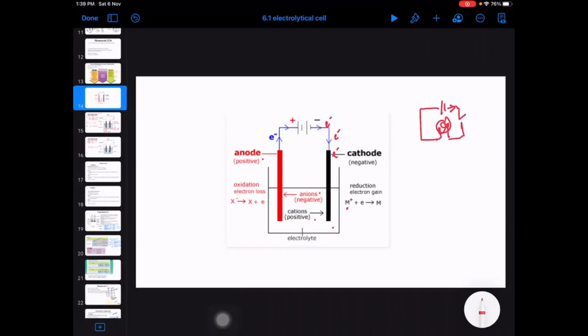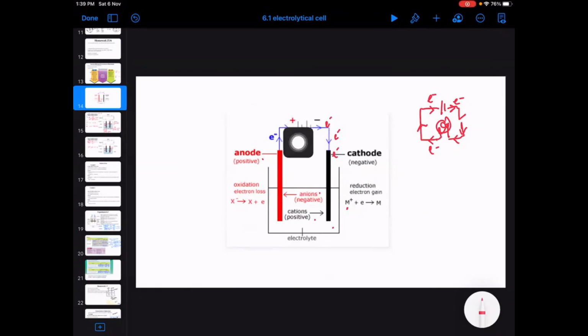The electron from the battery will flow to the light bulb and then flow back to the positive side. So the electron flows from the negative side to the positive side. When it makes one round back to the positive side, there is electric current and the light bulb will light up.